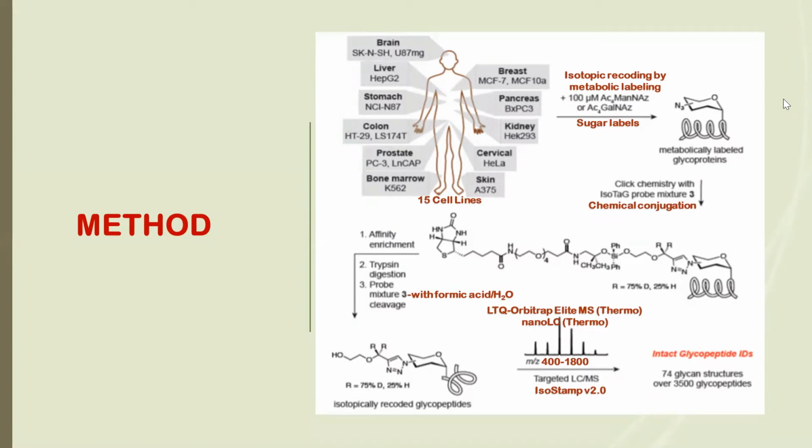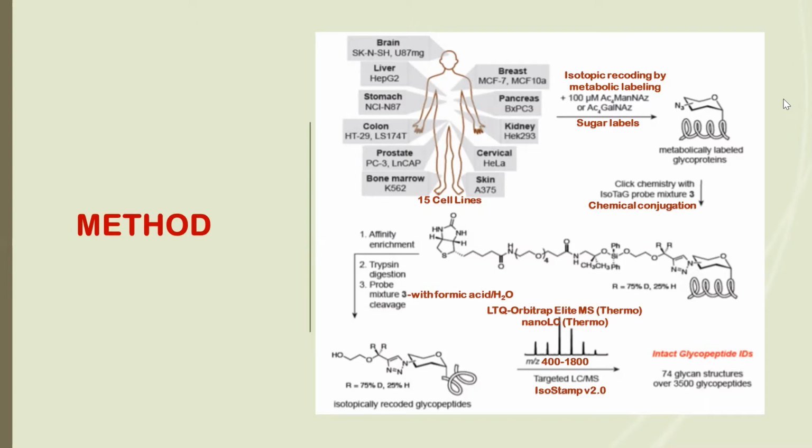After the trypsin digestion and the cleavage of probe mixture 3, we recovered isotopically recoded glycopeptides for analysis. Then the glycopeptides were analyzed by targeted LC-MS using IsoStamp version 2 to direct selection of isotopically recoded species.